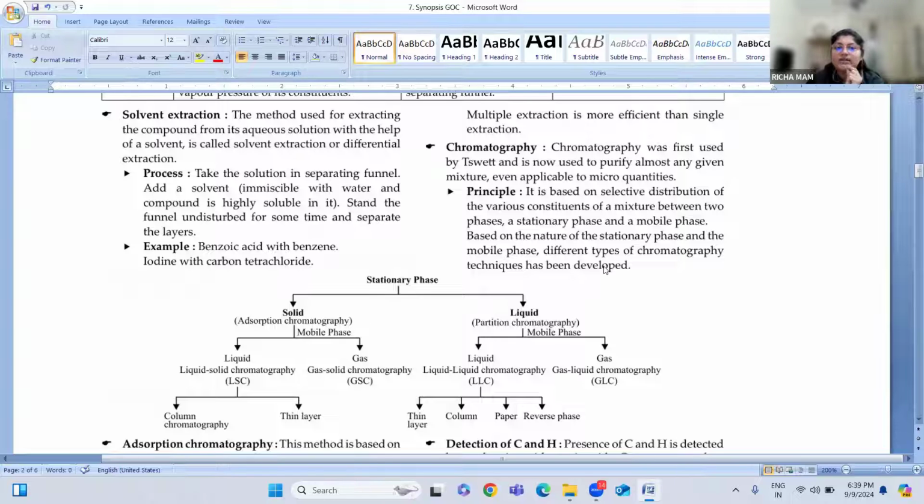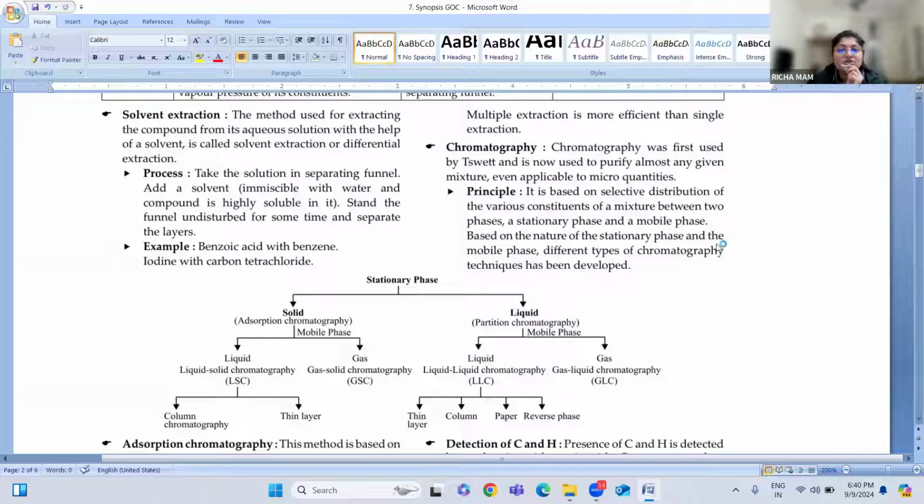Then there is something called chromatography. You might have heard about chromatography. There are different types of methods further. Chromatography is also a technique where you can purify compounds, for micro quantity, a smaller quantity. There are two phases used in chromatography: first is the stationary phase, another is the mobile phase.